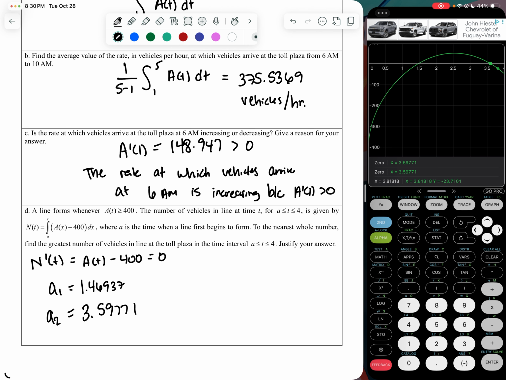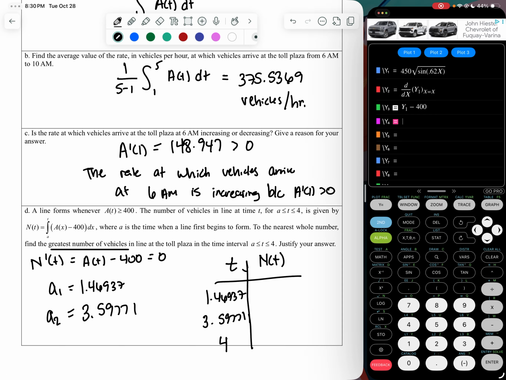So, since we want to find the greatest number of vehicles, we are going to evaluate N of t at the candidates. The first one's going to be 1.46937. The second one's going to be 3.59771. And then the third one is going to be 4, since that is my endpoint. We are going to put this into y4.